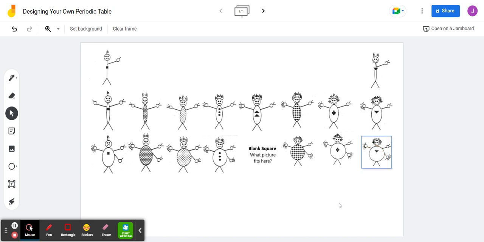Students, think about helium on the real periodic table now. In the real periodic table, helium is classified as a noble gas because of its reactivity. It doesn't bond with other elements. However, unlike the other noble gases, it only has 2 valence electrons, whereas the other noble gases have 8.